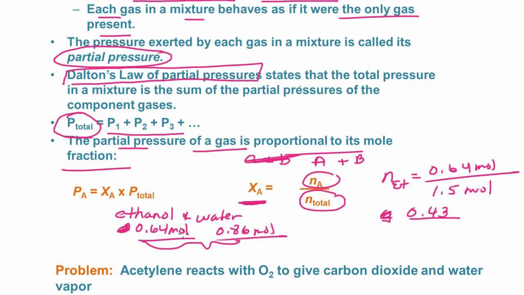Now if I wanted to find the mole fraction of the water in this particular solution, I would take 1 and subtract from that 0.43. I would get 1 minus 0.43. That would give me 0.57 for the mole fraction of water.